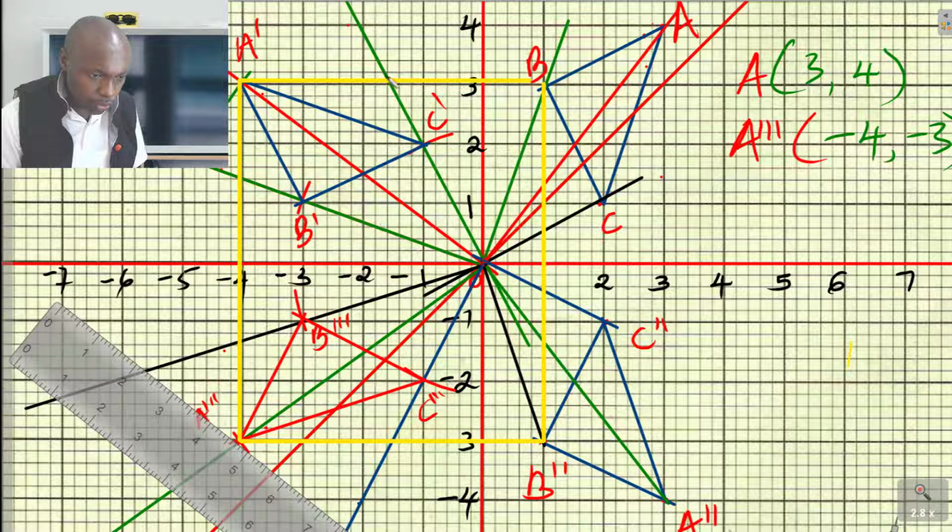-1.5. So when you draw this line that passes across here, I think I need to draw it. So a line that passes across this point, this is -1.5.